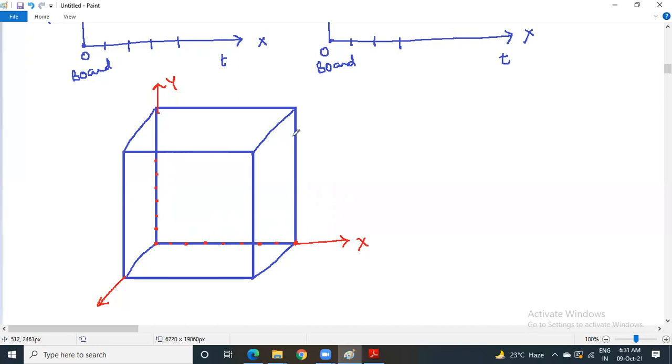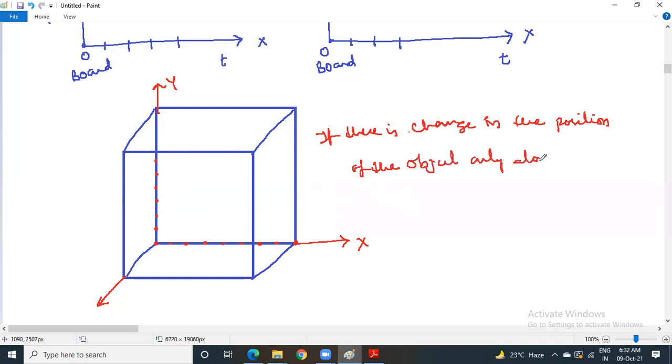So you can confirm that if there is change in the position of the object only along one axis out of 3 axes, you can say that the body is moving in a straight line.